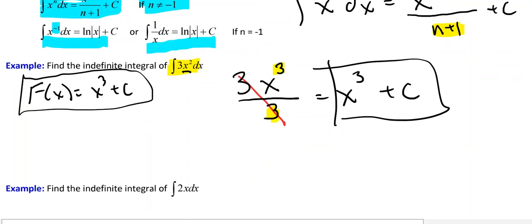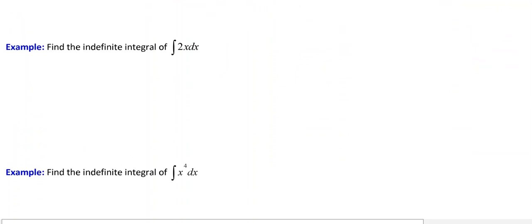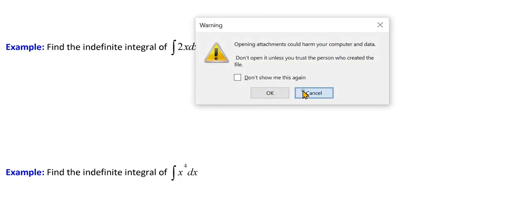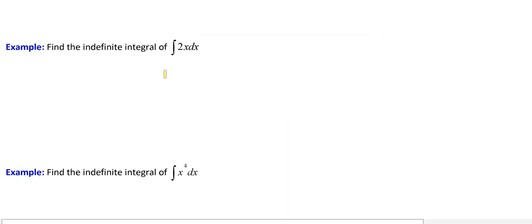Okay, here's another one. Let's apply our power rule for finding antiderivatives. Here's a nifty thing. Whenever you have a constant, you can just bring that out in front of the integral sign. So it's kind of like you have 2 times the integral of x dx.